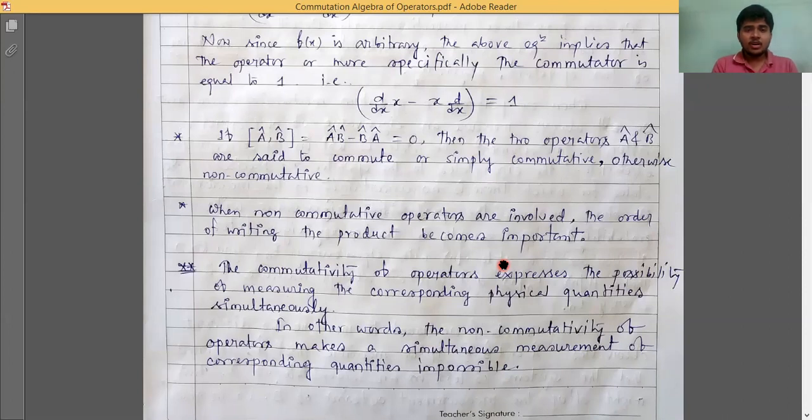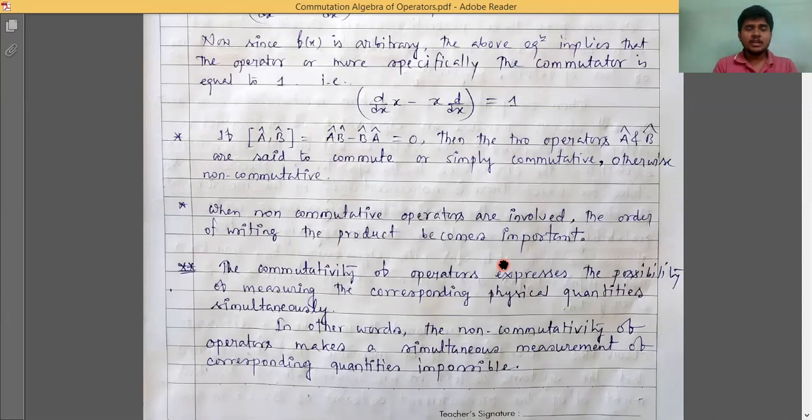But in the case of vector multiplication, whenever we do a cross product, you cannot write a cross b equals b cross a, because here the direction of rotation is involved. A cross b means you are taking the vector from the a direction to the b direction in the right-handed screw system.